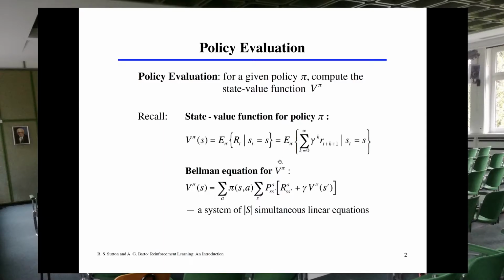So here, remember, this is the expectation, this is the expected value. If we want to calculate this as a probability, then we need to consider the probability function pi, which is the policy function. We need to consider the probability distribution of the transition function.